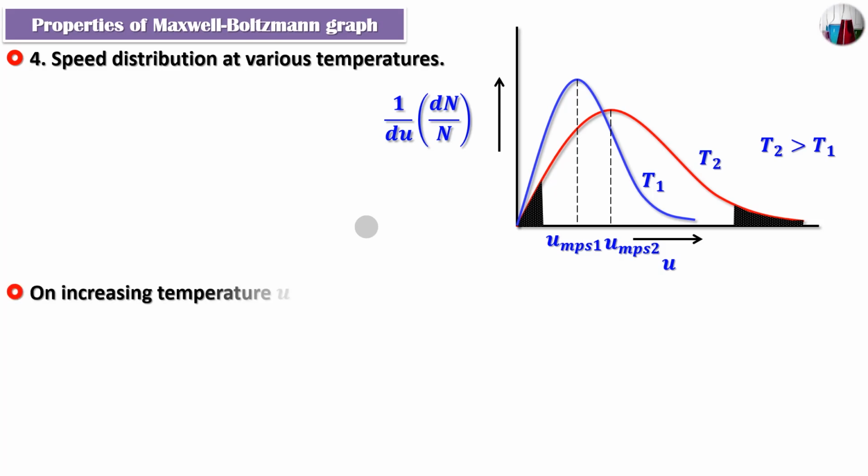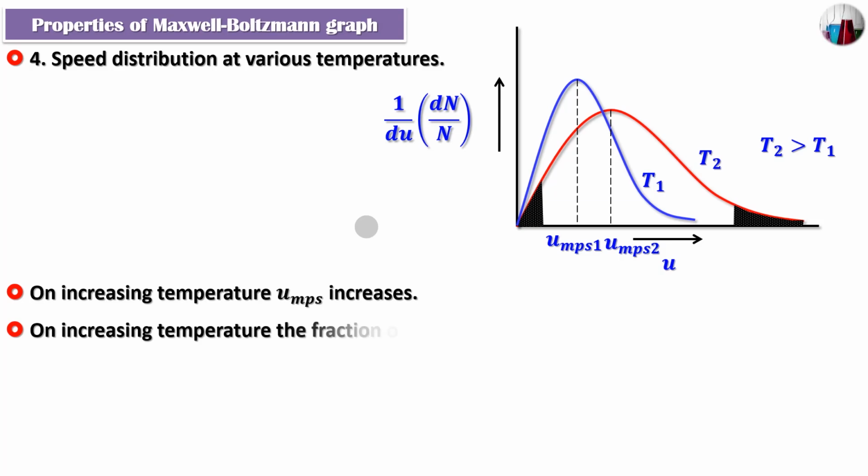So on increasing temperature, the UMPS will increase, expected. On increasing temperature, the fraction of molecules having UMPS decreases, because remember, there's a greater spread. And you'll also notice that this area is greater than this area. So higher speeds are greater for higher temperature. Higher speeds are not that great for lower temperatures.